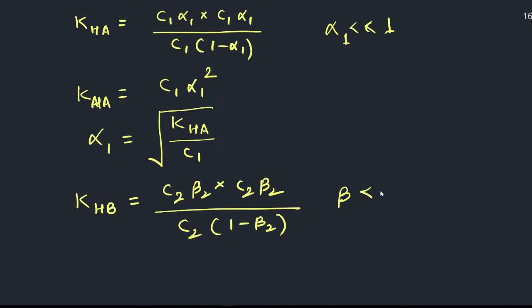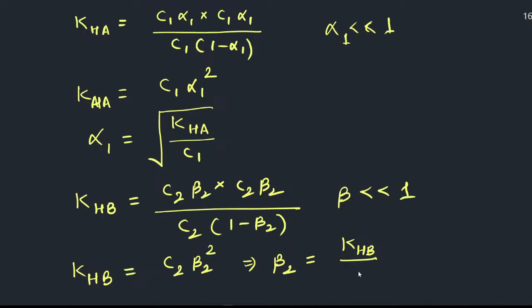Again beta is very less than 1. So KHB is equal to C2 beta 2 square. That implies beta 2 is equal to square root of KHB by C2.